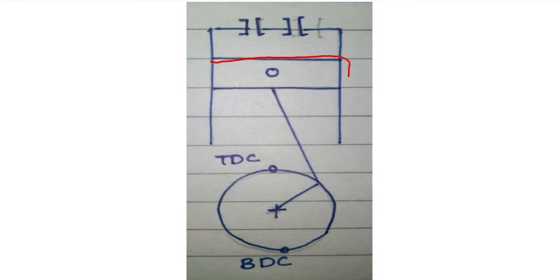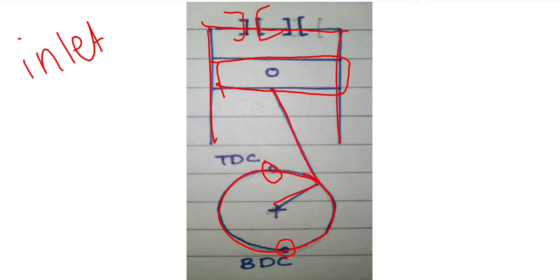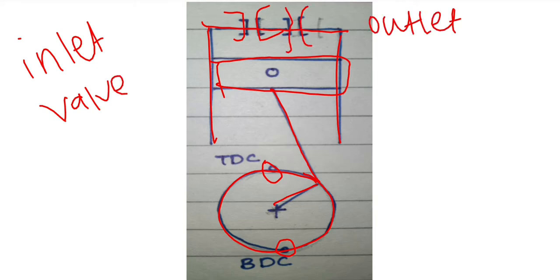See, this is the piston attached to this crankshaft. This point is known as the top dead center and this point is known as the bottom dead center. And this is the cylinder. This is the inlet valve, and this is the outlet valve or the combustion valve.